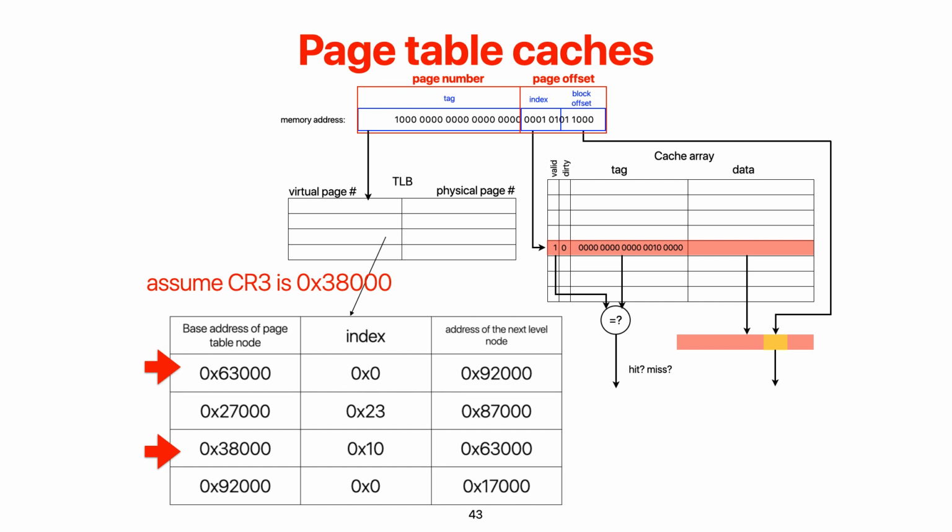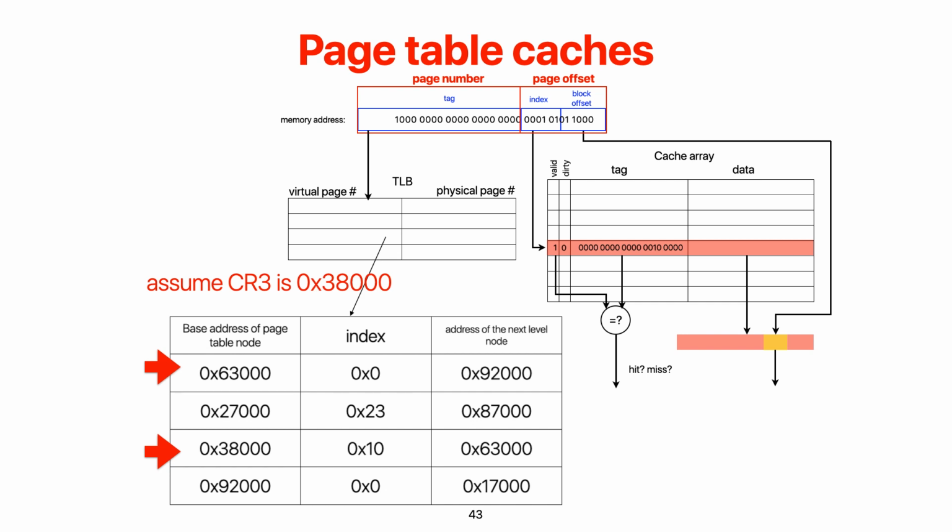However, if at this time we are looking for some other entry like 0x1, then we really have to access the 0x63,000 address in the main memory instead of getting the next label node here.